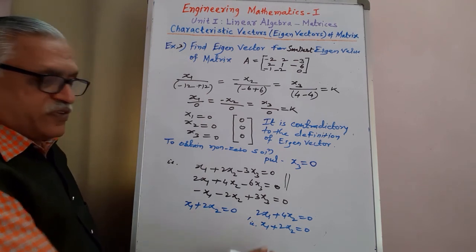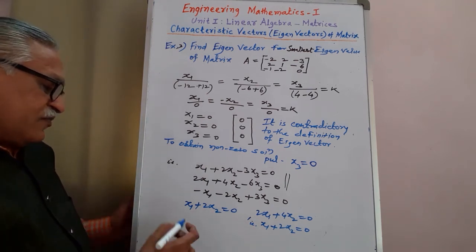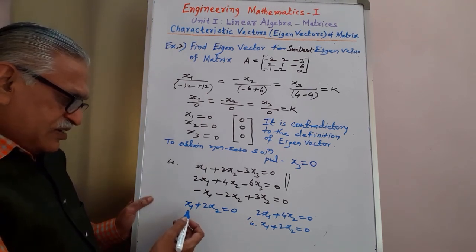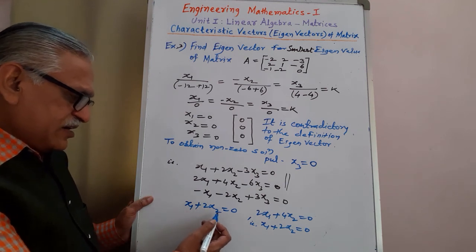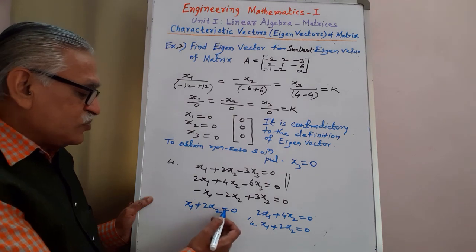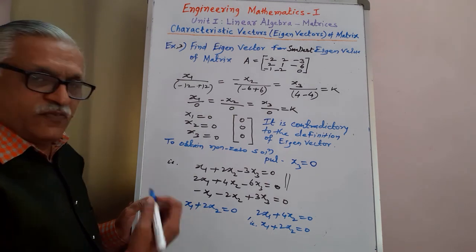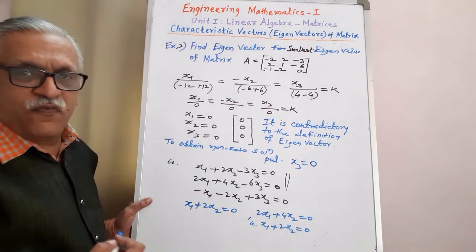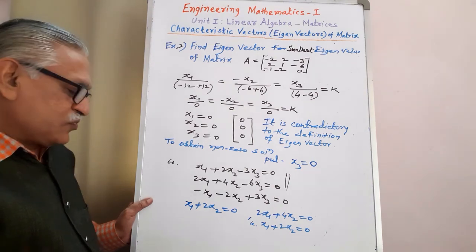Therefore, these two equations are same, and therefore to obtain that non-zero solution, in this equation there are two unknowns, and then we apply the technique of finding the infinite number of solutions.